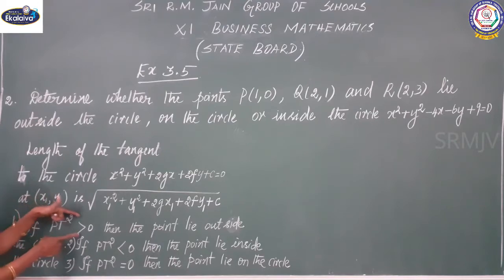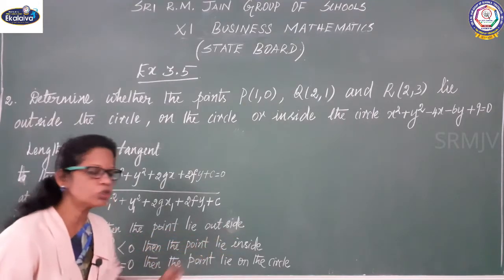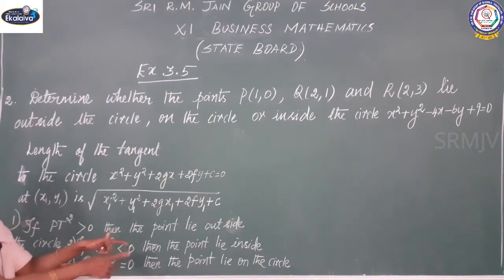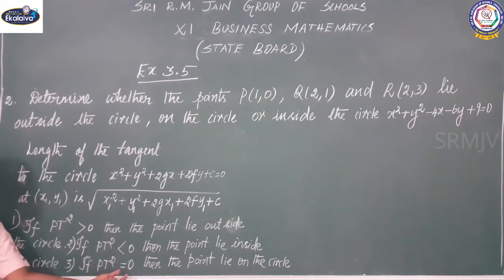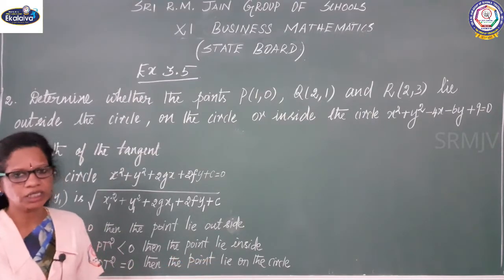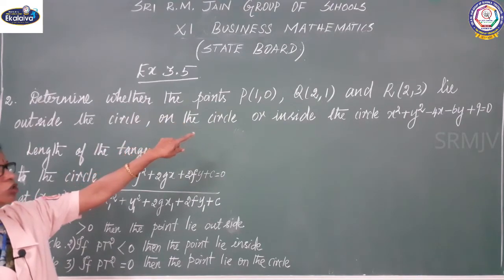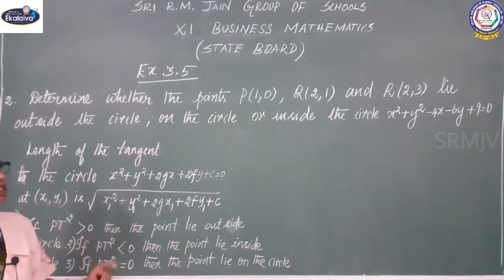If PT square is greater than 0, that is, length of the tangent greater than 0, the point lies outside the circle. If it is less than 0, the point lies inside the circle. If it is equal to 0, the point lies on the circle. Using this, we say whether the point lies outside, inside or on the circle.